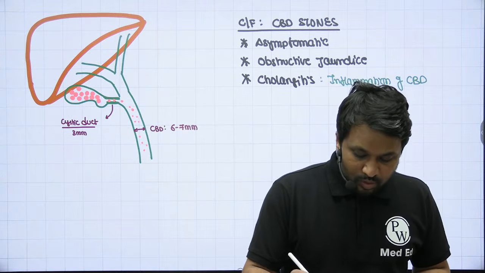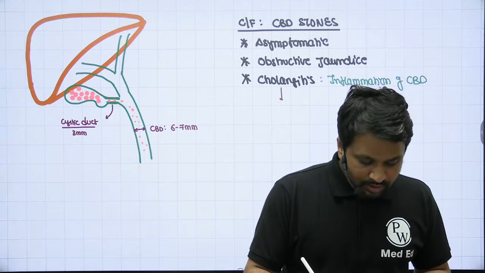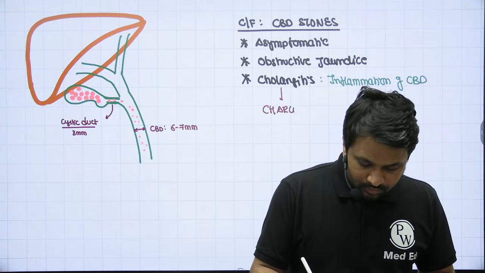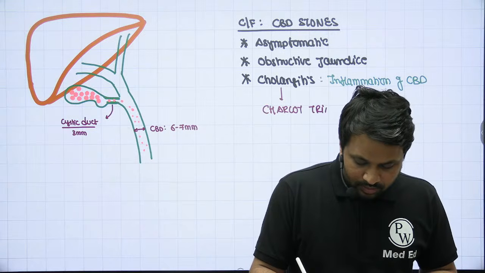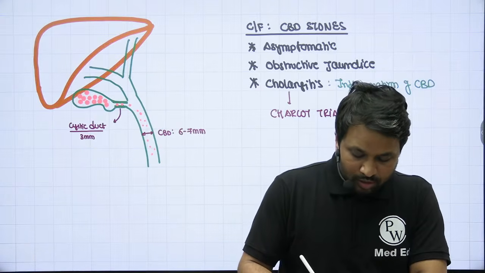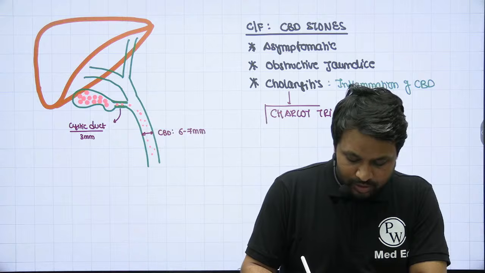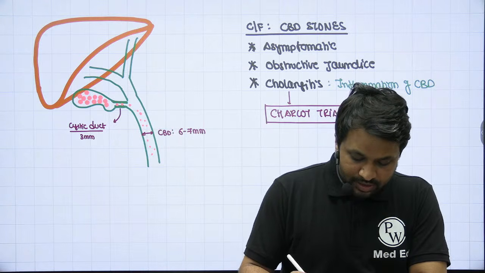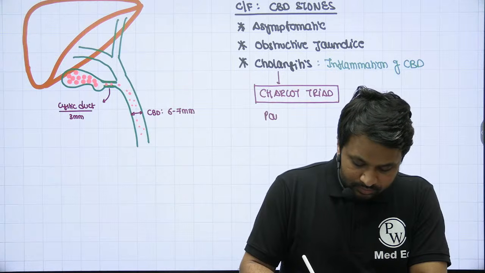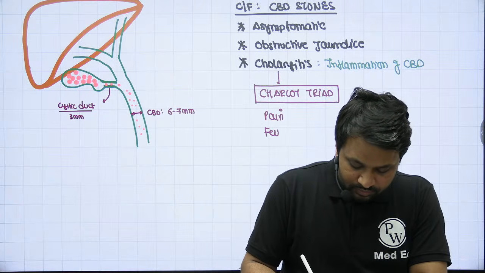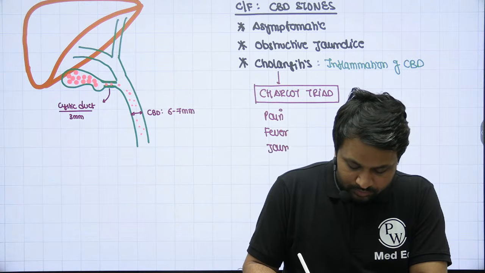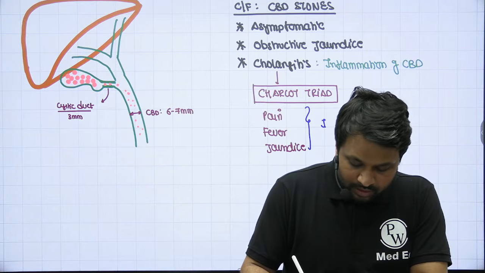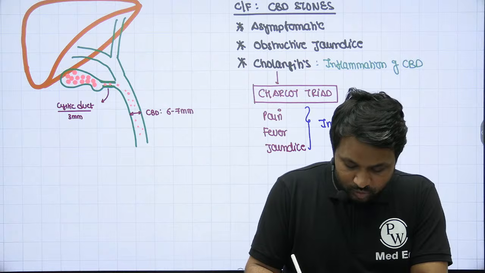If a patient develops cholangitis, there is a classical triad called the Charcot triad. Because the bile duct is blocked, bile will not flow, so there will be jaundice. Inflammation of the bile duct will cause pain and fever. So the Charcot triad is pain, fever and jaundice, but all 3 of them are intermittent.